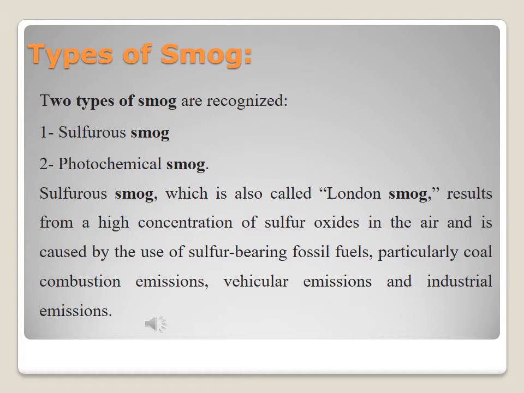Sulfurous smog, which is also called London smog, results from high concentrations of sulfur oxides in the air and is caused by the use of sulfur-bearing fossil fuels, particularly coal combustion emissions, vehicular emissions, and industrial emissions.